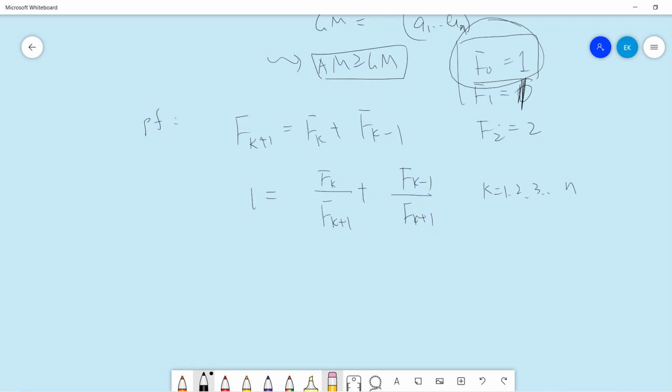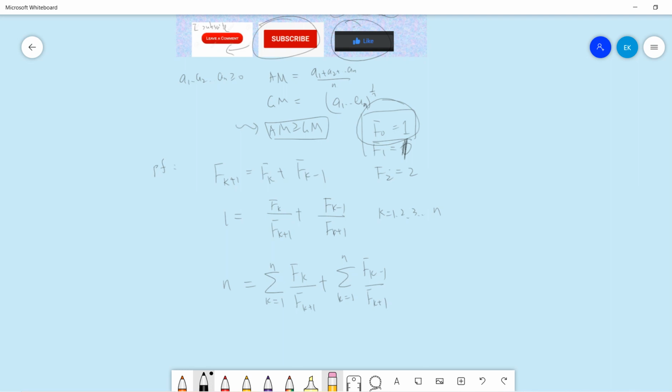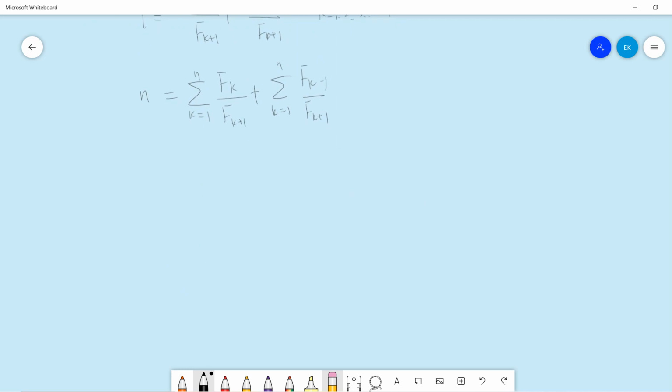So I can sum all of it. I get n equals the sum from k equals 1 to n of f(k) divided by f(k+1), plus the sum from k equals 1 to n of f(k-1) divided by f(k+1). Remember that we have the arithmetic mean greater than or equal to the geometric mean. So this term, divided by n, is greater than or equal to the product over k from 1 to n.